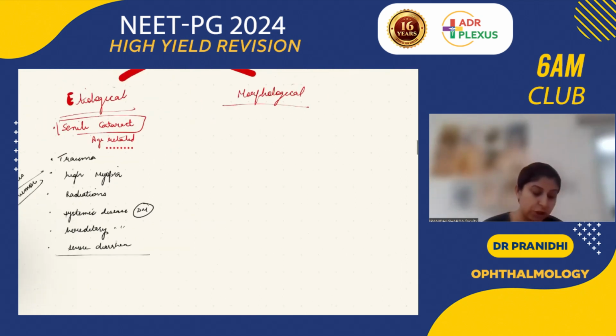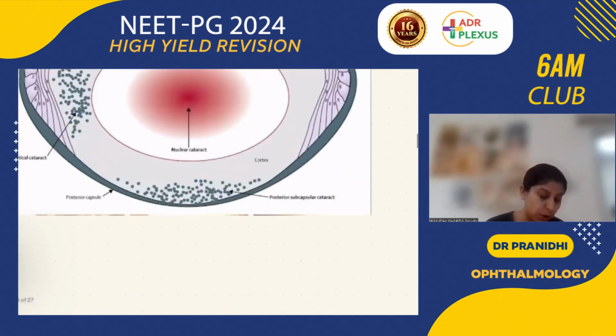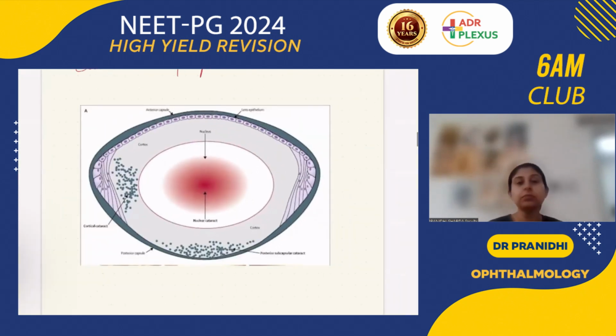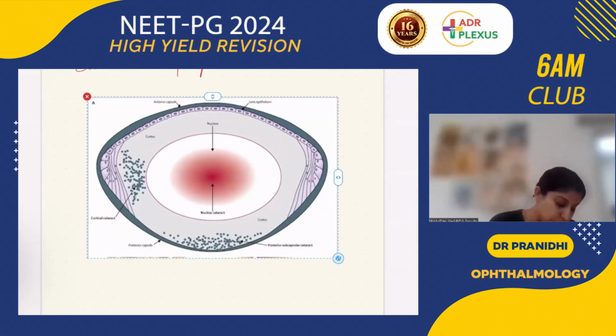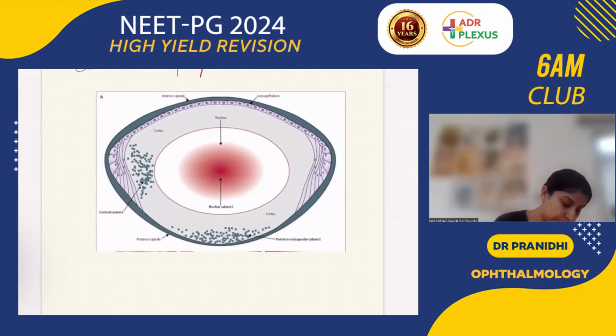So this is the etiological classification, and for the morphological classification, please look at this image. We know the lens has layers: the capsule outermost, then the epithelium, which gives rise to the cortex and nucleus. Clear so far?